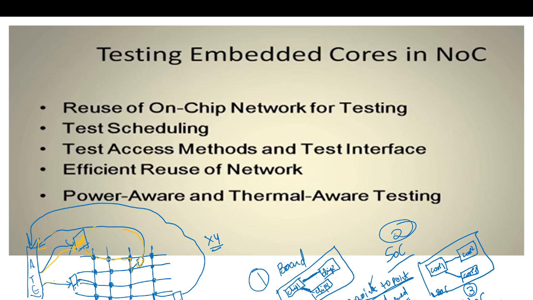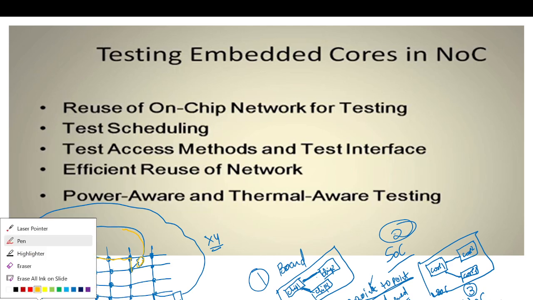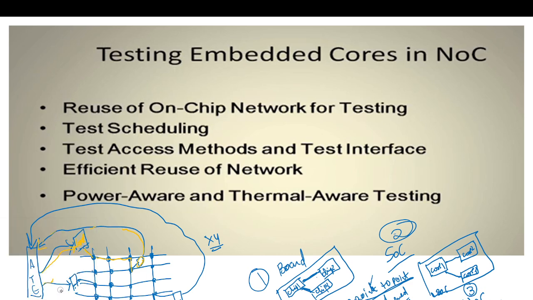Now, the portion highlighted in yellow is used for testing of this core. Another core can be tested in parallel if the routing resources are not conflicting.